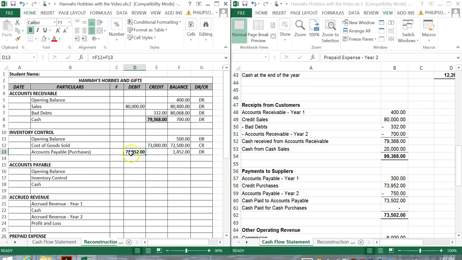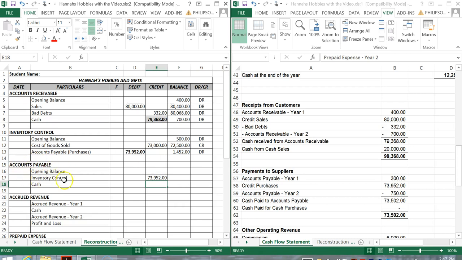This figure here then carries down into our accounts payable. Essentially what we're doing with these two reconstructions is determining all of this here. So this figure, being a debit in inventory control, comes down and is a credit in our accounts payable, so equals 73,952.